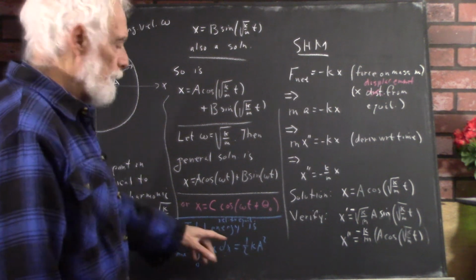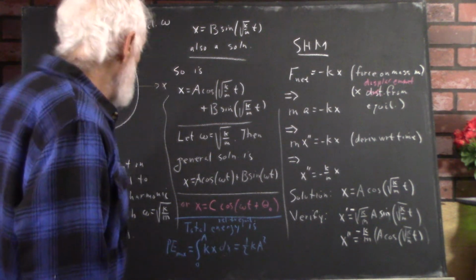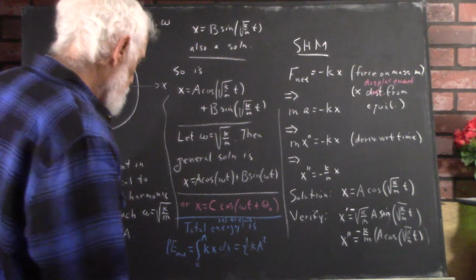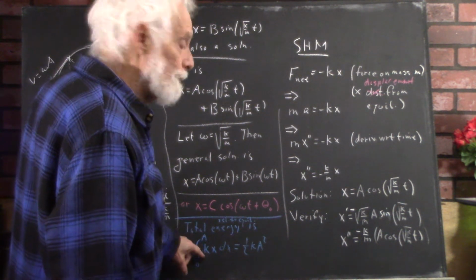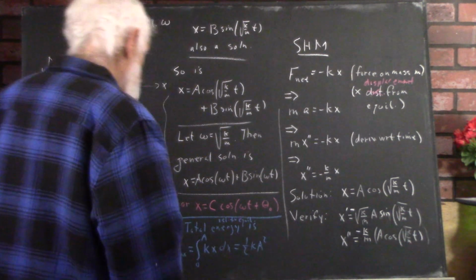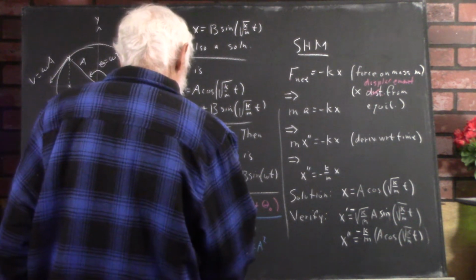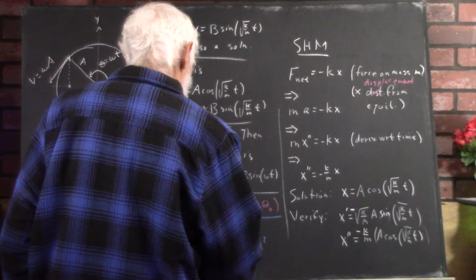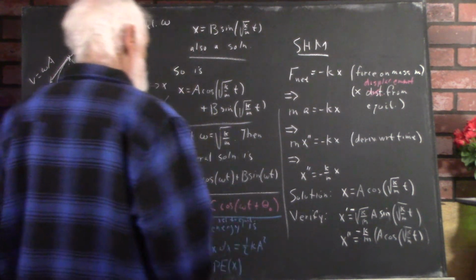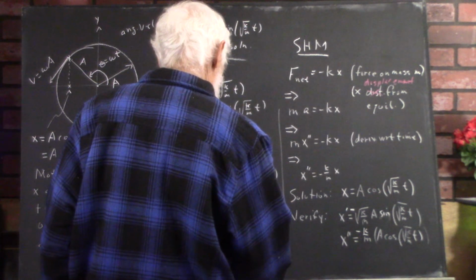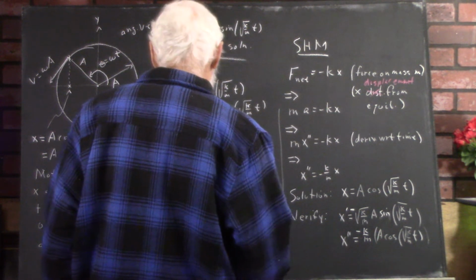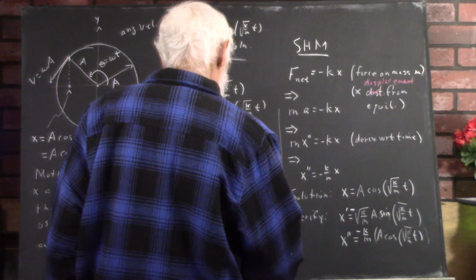At any point, you could calculate the potential energy, and it would just be the integral from 0 to x of kx dx. Potential energy as a function of x is the integral from 0 to x of kx dx.